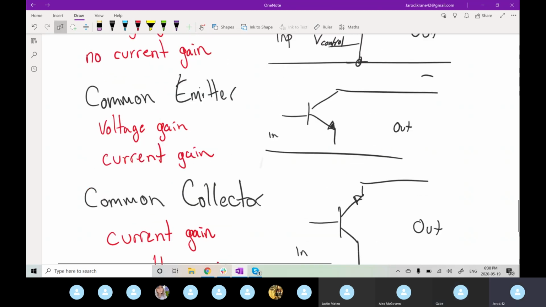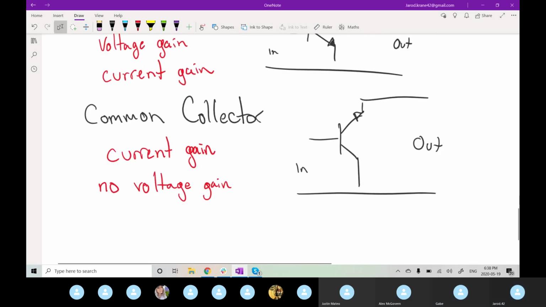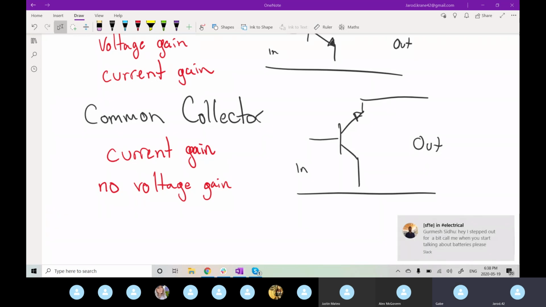So, common collectors can typically be used for buffer systems.